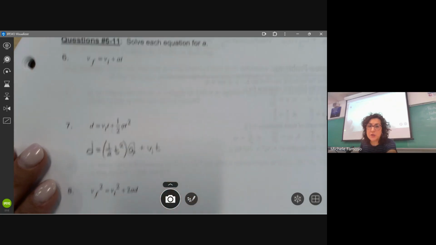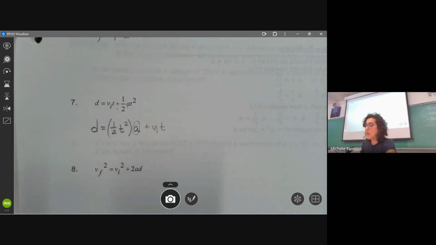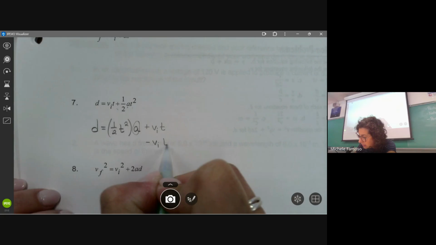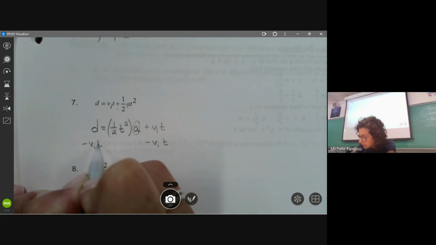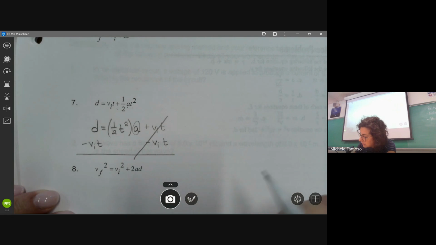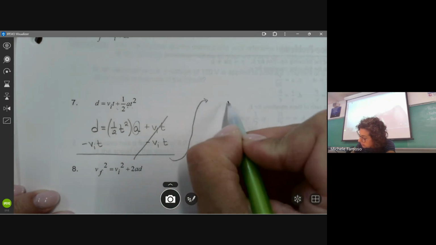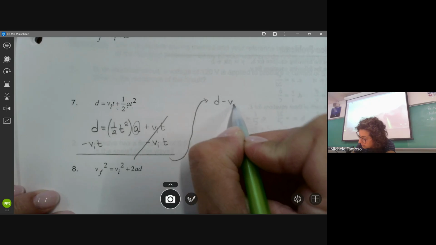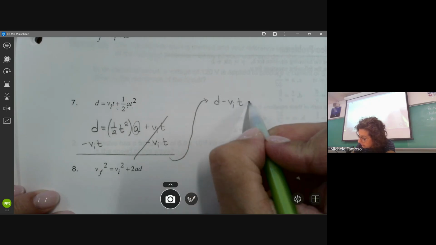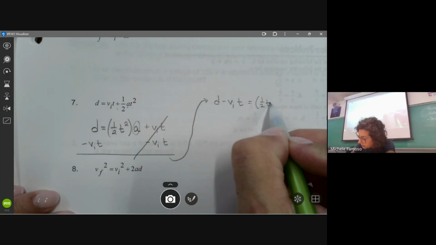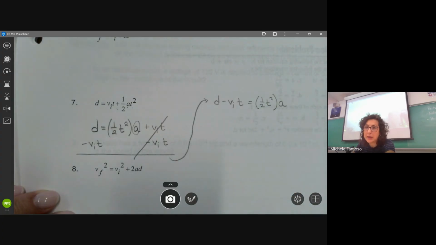And now it's much easier to solve for A. Number one, because I see that I'm adding this whole other term to the equation, so I'm going to subtract the VIT from both sides first, leaving me with D minus VIT is 1/2 of t squared times A.